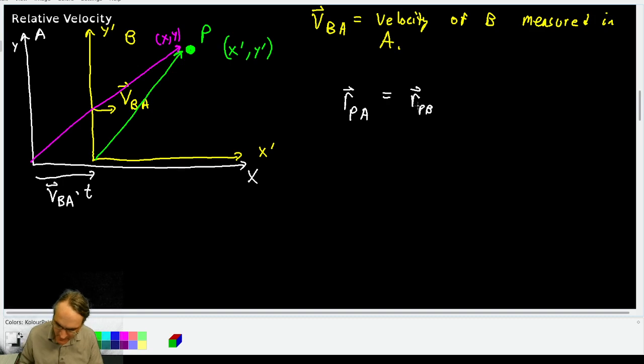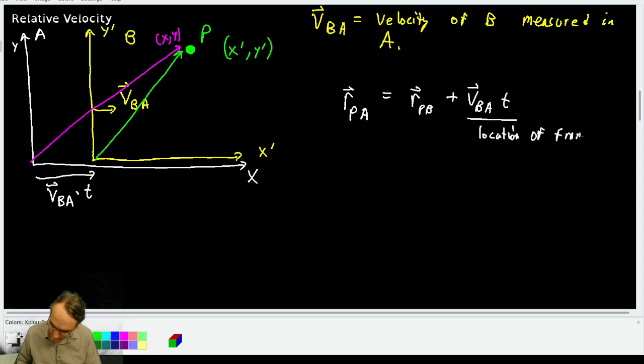So this is the location of P in reference frame B, plus the location of reference frame B in reference frame A. So this is the location of frame B in frame A.